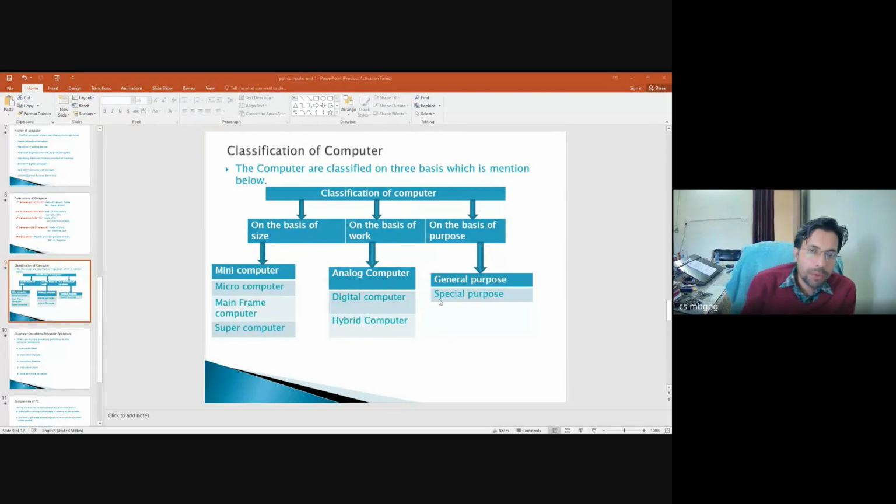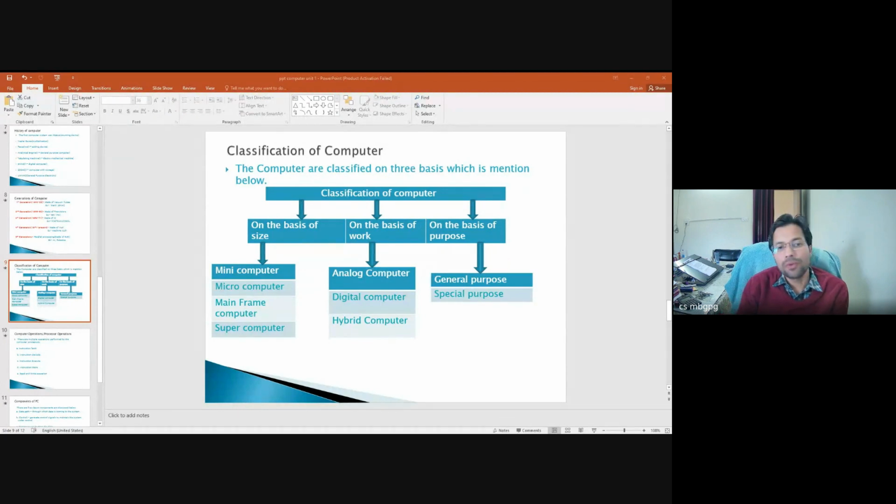Next are general purpose computer systems. General purpose computer systems are those types of computer systems that can perform a range of tasks. Different types of tasks can be executed simultaneously in general purpose computer systems.